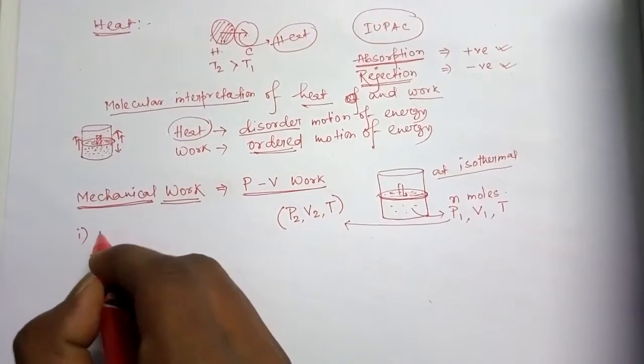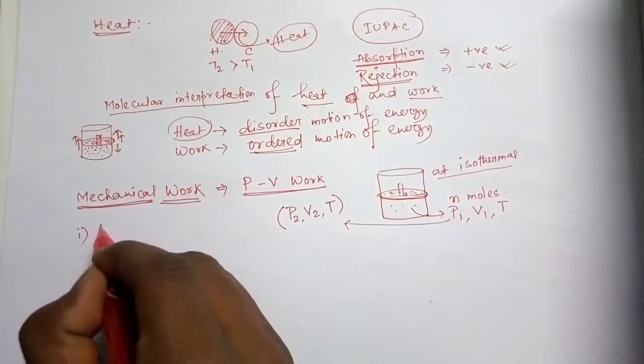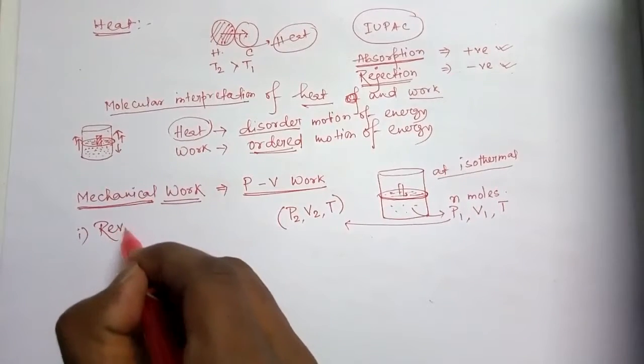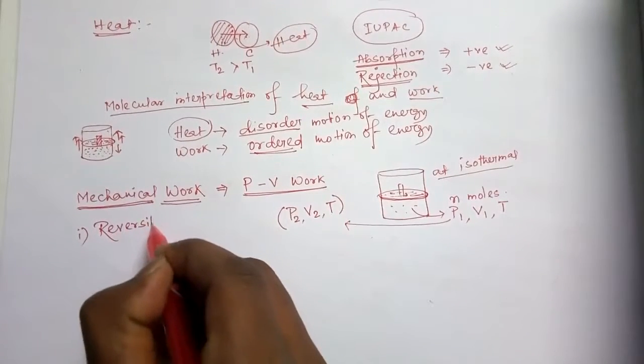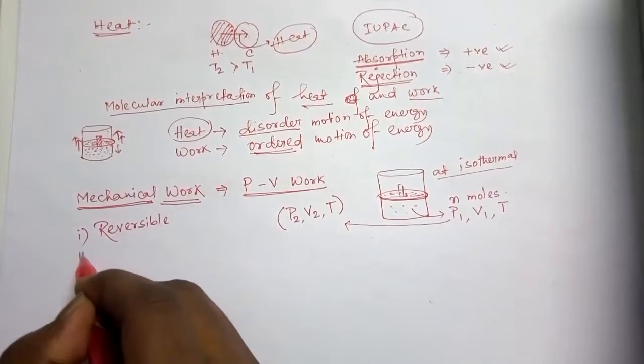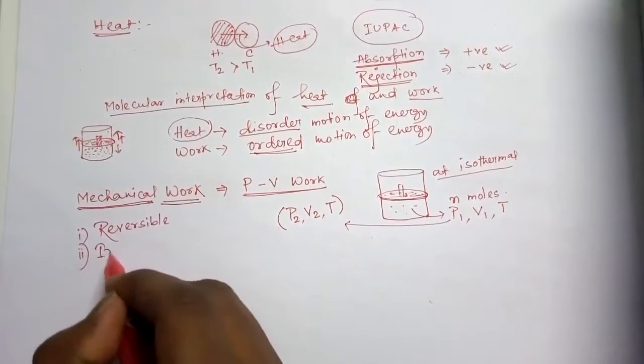There are two types of possibilities: reversible work and irreversible work.